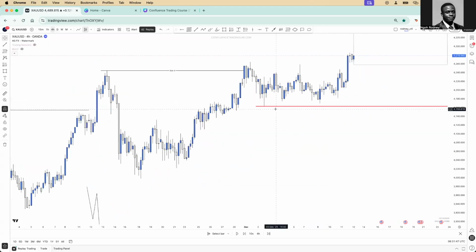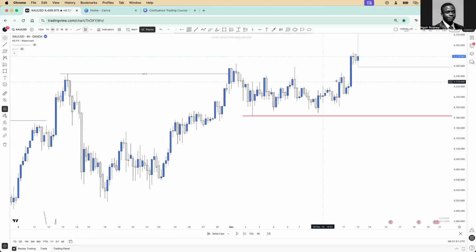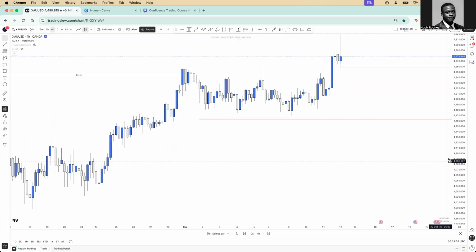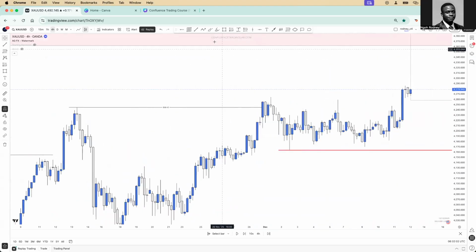Now, the first thing I want to do is the same thing you do on the daily: try to do it here on the 4 hours. Try to demarcate where structure is and see how things are aligning. If I'm looking at this chart, you start to see that this was the low that created this high here.